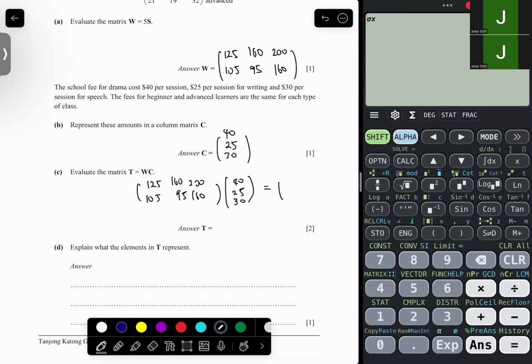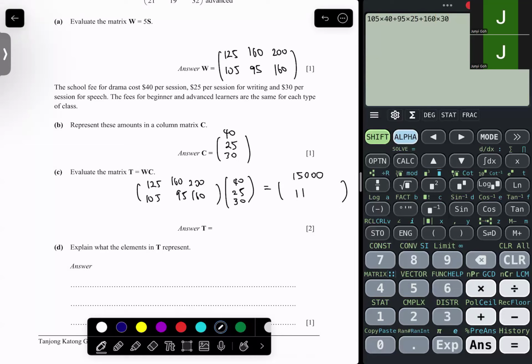So total up everything, 125 times 40 plus 160 times 25 plus 200 times 30. Okay, so that will be 15,000. Repeat, 105 multiplied by 40, 95 times 25, 160 times 30.